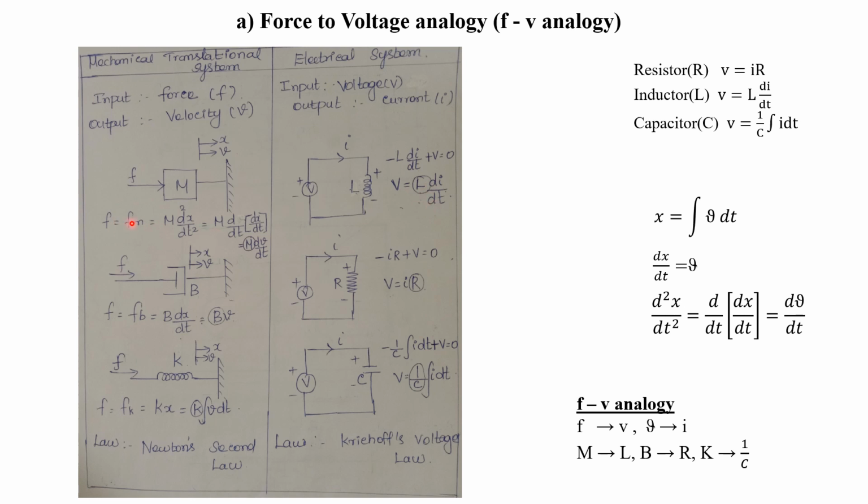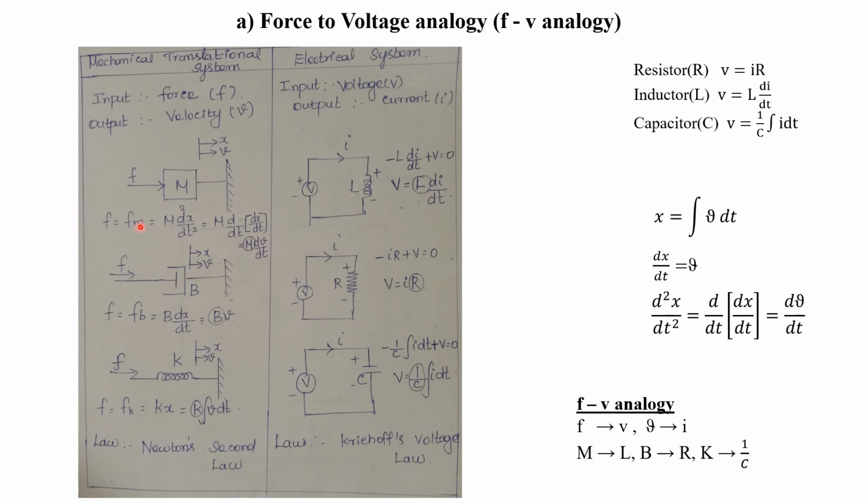So the input force F equals m times the differentiation of the output velocity v, and the input voltage V equals L times the differentiation of the output current i. From these two equations we can equate m to L, because the system equations are in a similar form: here we have a differentiation, and here also we have a differentiation.